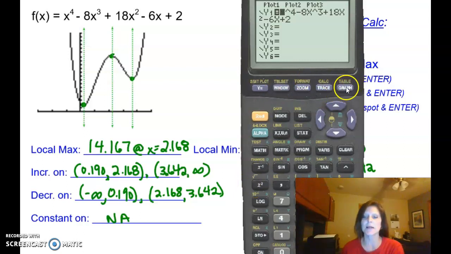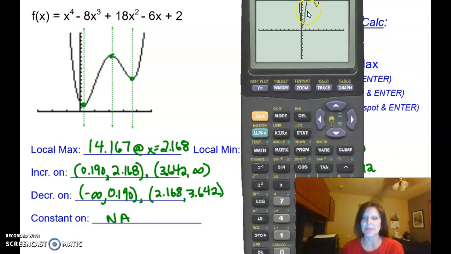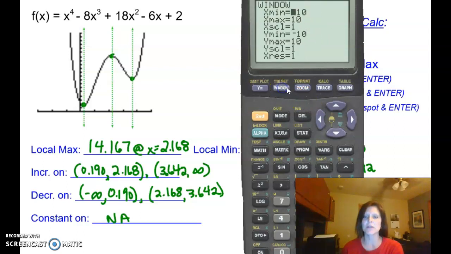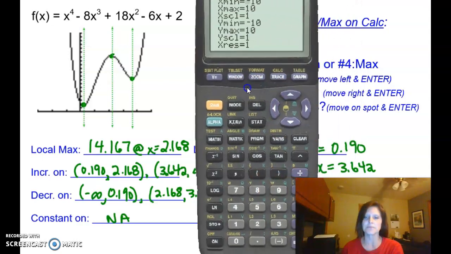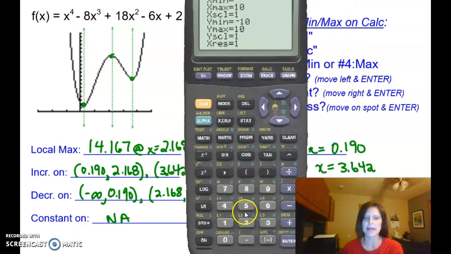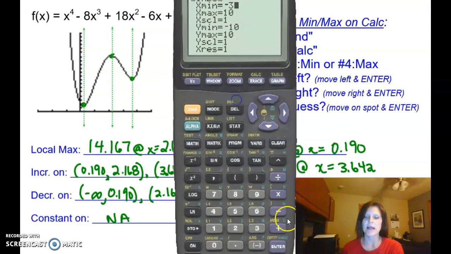So I went ahead and graphed it in the standard window. The problem is it's kind of hard to see. I don't need all these negative x's or even all these positive x's up here. And I definitely don't need all these y's, but I should go a little bit higher. So I'm going to adjust my window and say, all right, let's maybe start back at -3, and then go up to maybe 5, because I don't need to go as far as it was.